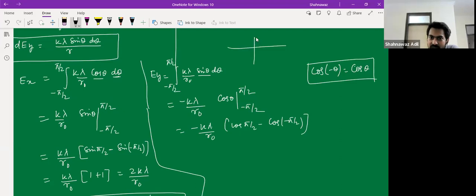You remember, let's say this is minus theta, and you want to calculate cos of minus theta. So it is b by h. For minus theta, this is b and this is h.